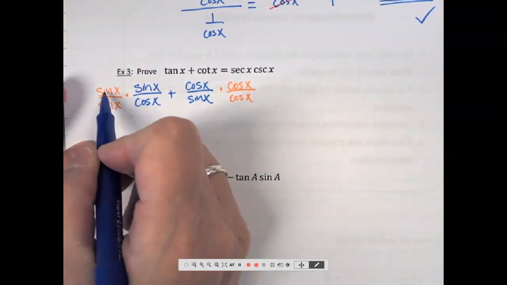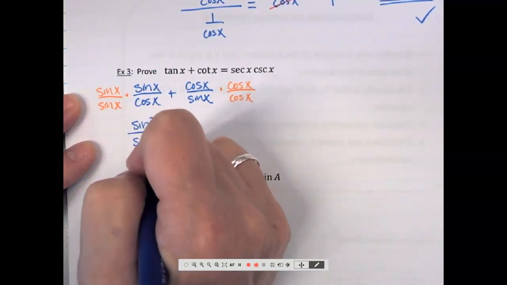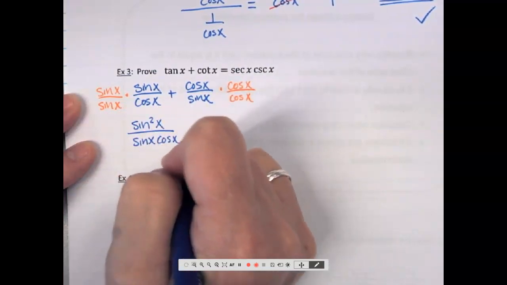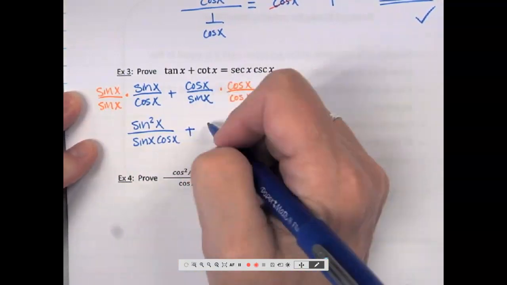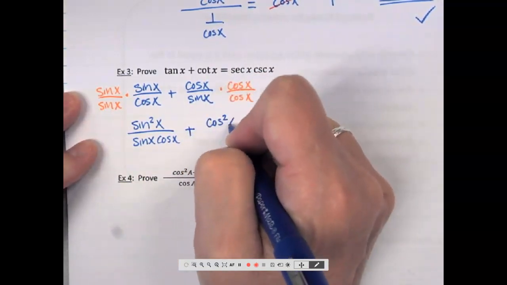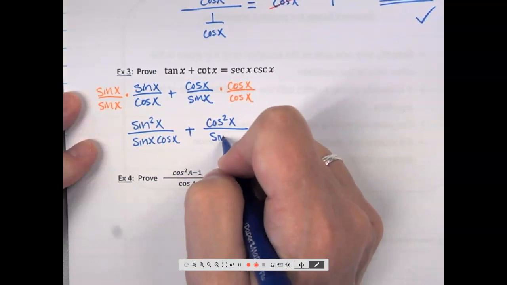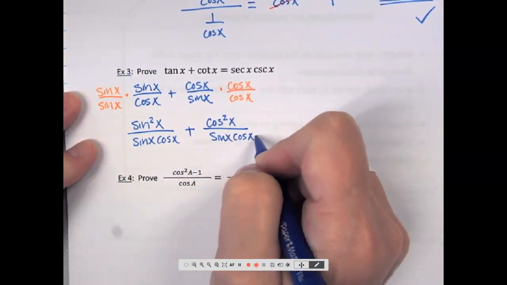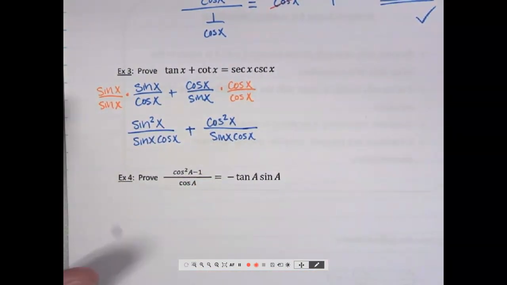Alright, so that gives me sine squared over sine cosine plus cosine squared over sine cosine. What can I do with that next?